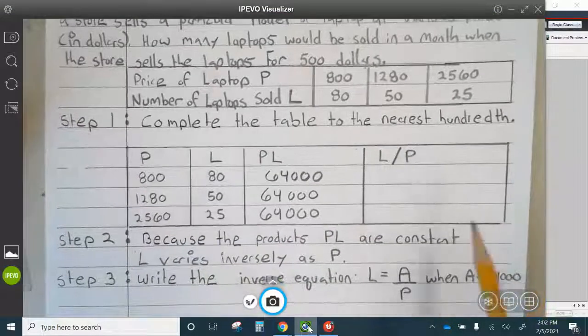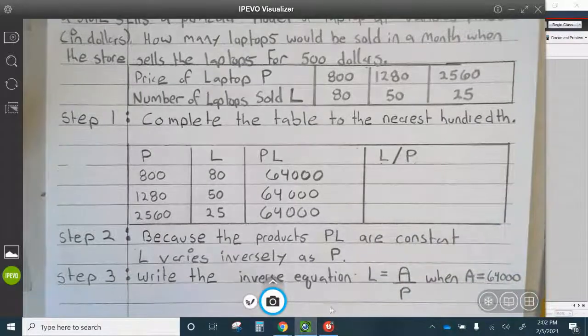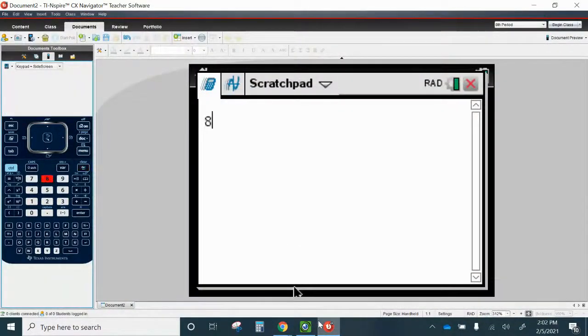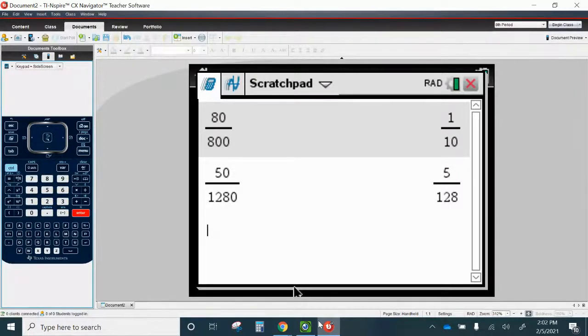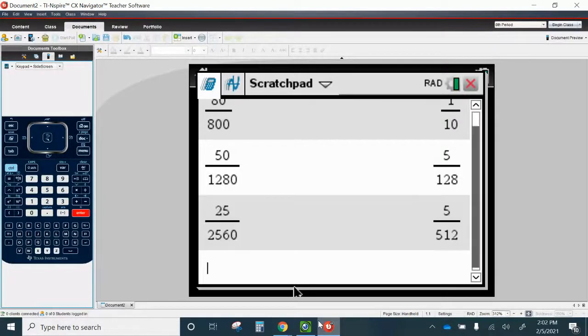Now we need to do L divided by P. Okay, so let's use our Inspire. So 80 divided by 800 is 1 divided by 10. Okay, 50 divided by 1280 is 5 divided by 128. And then 25 divided by 2,560 is 5 divided by 512.